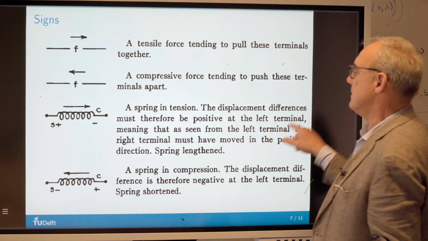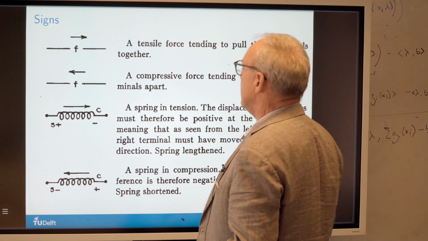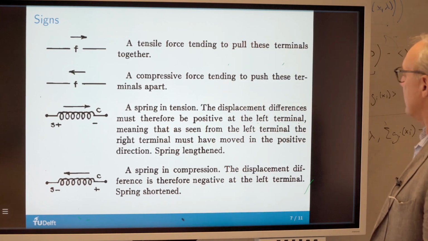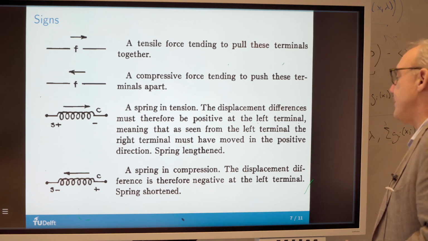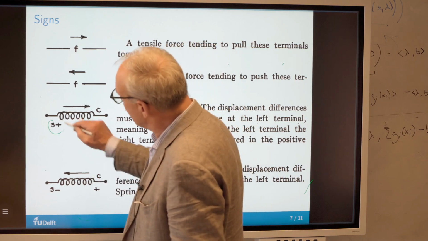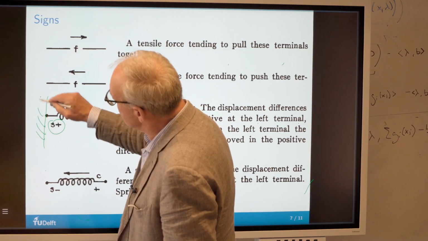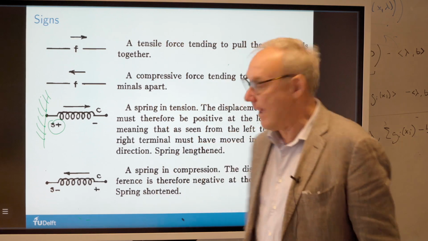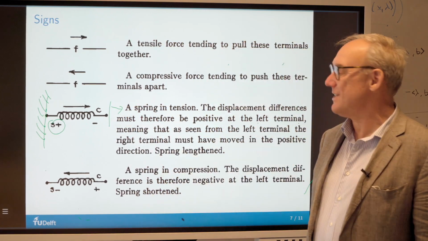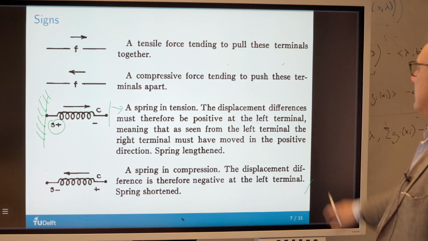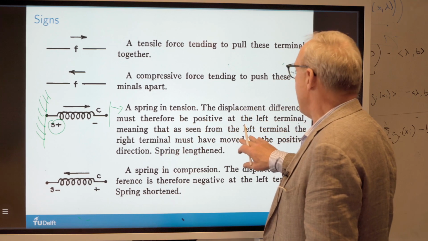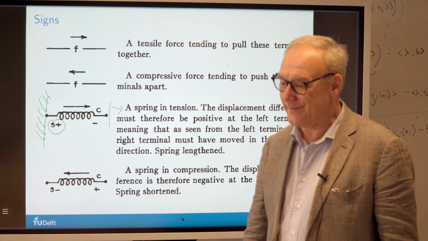The displacement differences must therefore be positive at the left terminal, meaning that as seen from the left terminal, the right terminal must have moved in a positive direction. So the way you look at positive is you take the positive terminal, you anchor that to a wall, okay? And then if the negative terminal moves in this direction, then you get tension, right?